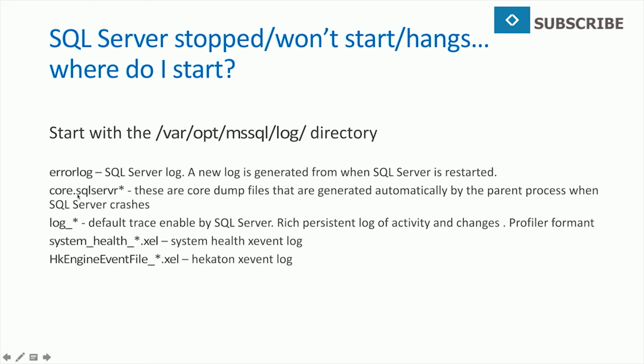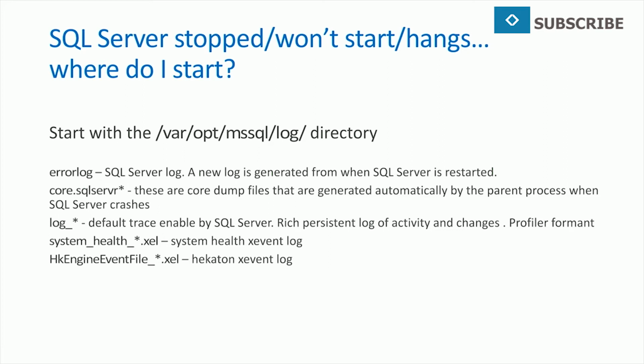Right. So here there's an error log file. An error log file is generated every single time SQL Server is restarted or started. And there's also a set of core dump files. These are core dump files, essentially, that are generated automatically by the parent process when SQL Server crashes. So as mentioned earlier, for SQL Server there are two PIDs, two processes.